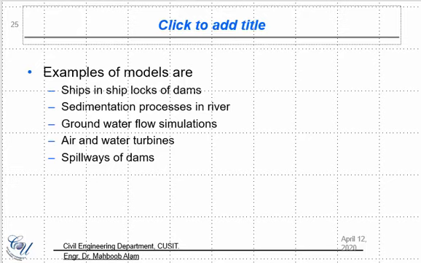We have a bigger container type structure where we put different kinds of soils in it, clay soils and silty soils and different gravels, and then we let the water go through that structure and we study the behavior of water. So groundwater flow simulations are done there.